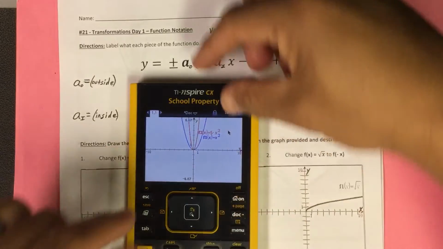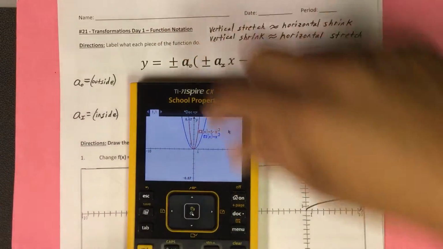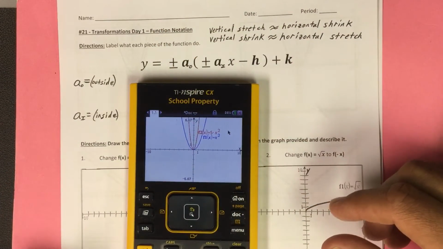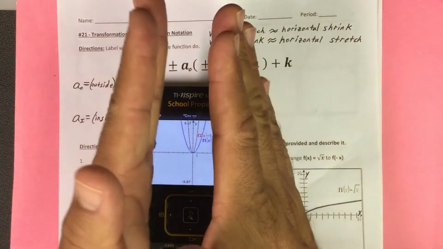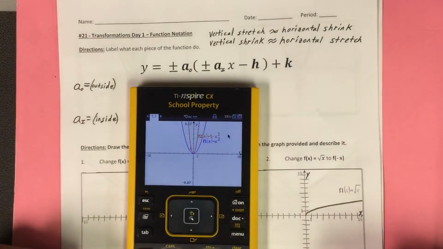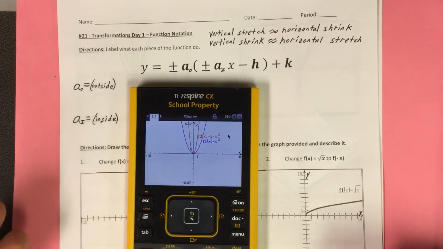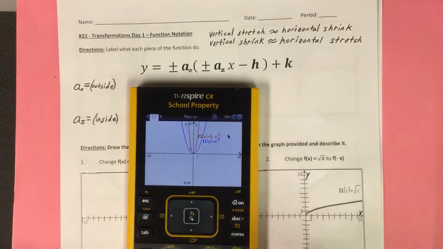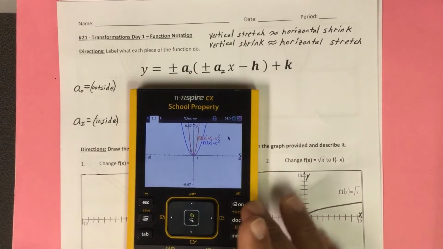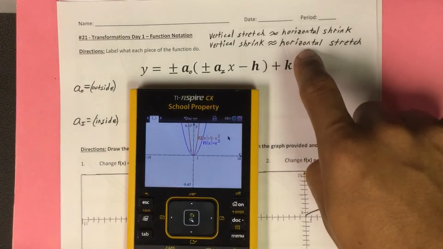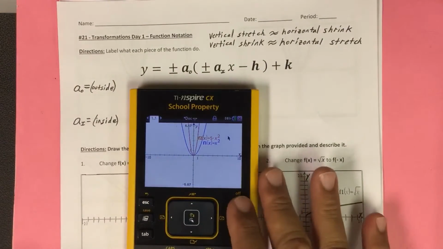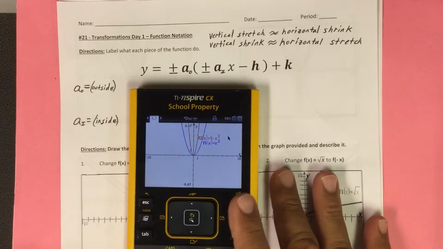Notice it got skinnier. It's like I took it and stretched it vertically, right? But at the same time, it also looks like I squashed it in horizontally. So a vertical stretch is a horizontal shrink, right? That's something we need to get in our heads and be able to understand this. And then when we do the notes, you'll figure out what's going on, right?